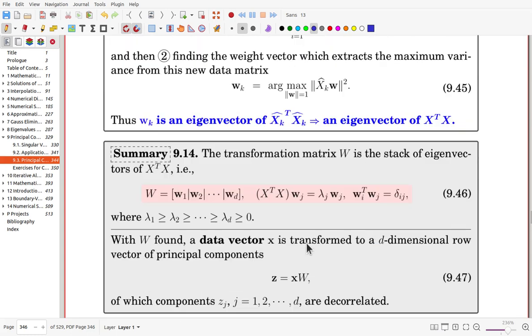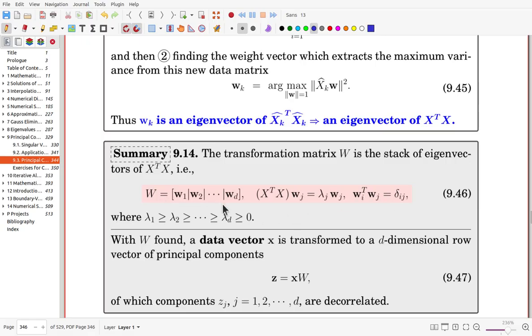Here we have a summary. The transformation matrix W is the stack of eigenvectors of x transpose x. X transpose x Wj is lambda j Wj, and they are orthogonal to each other, and of course the length is 1. After scaling, we can get length 1.